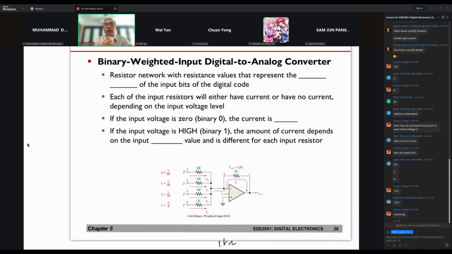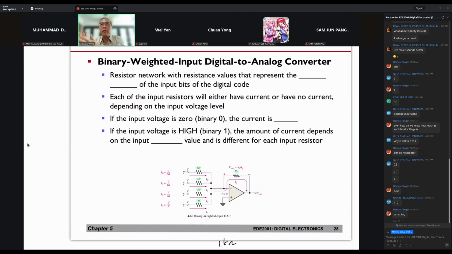Practically, it's very difficult to get the exact resistor for this kind of application. So although this is a very simple implementation, it is not often being used. But anyway, because it's simple, it's easy to talk about the theory behind it.